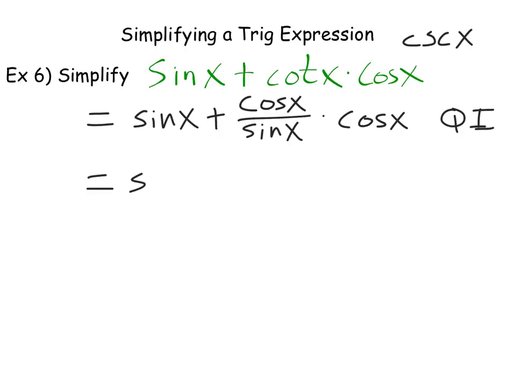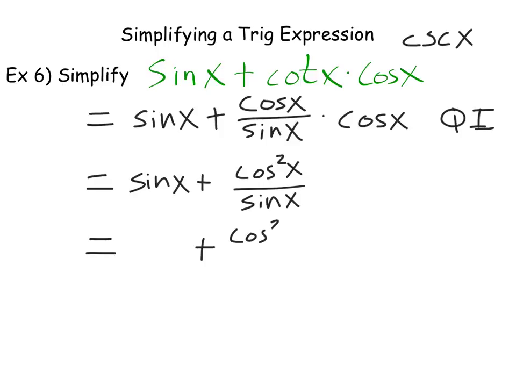Now I've got these two terms. If I multiply these, I have cosine squared of x over sine of x. I didn't use an identity, so I'm not going to justify anything. Now this step right here can be a little bit tricky. I've got these two terms.